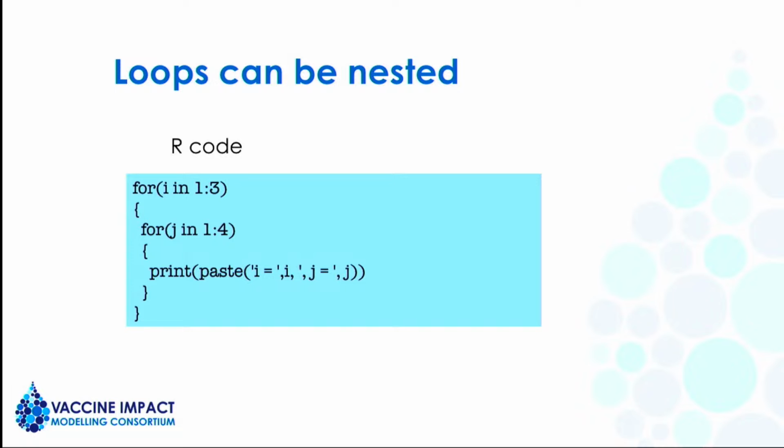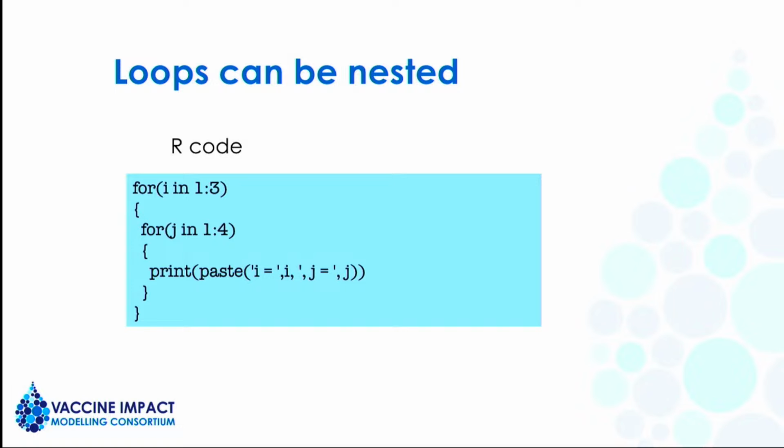Or if we have a matrix of values, we can do something across all of those values by using two loops, where we have a variable counting rows and counting columns. So two loop variables now, i and j. Let's just step through what this code does.